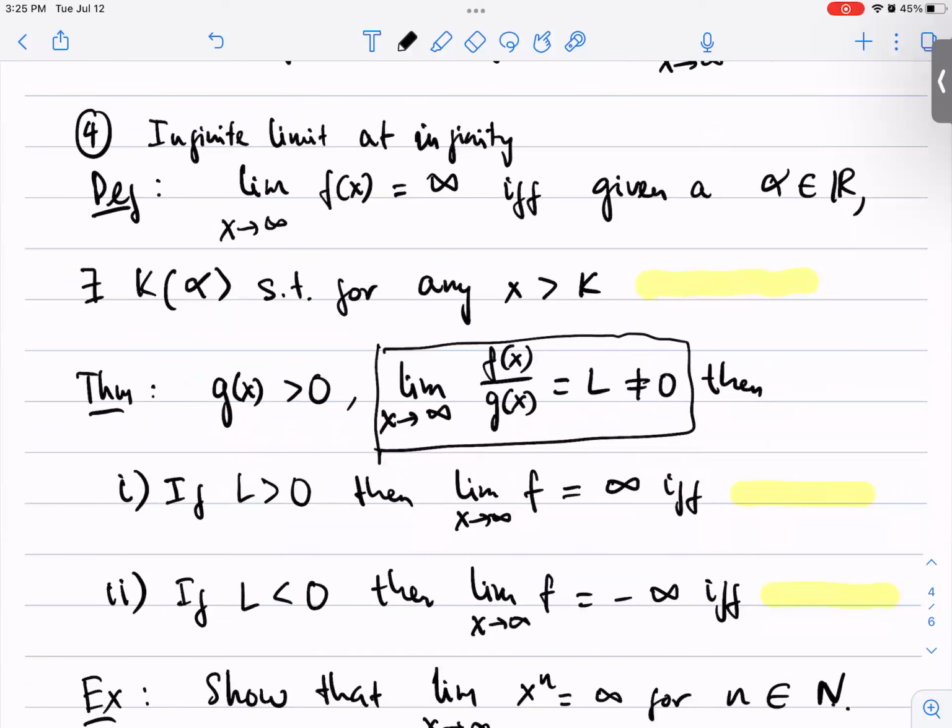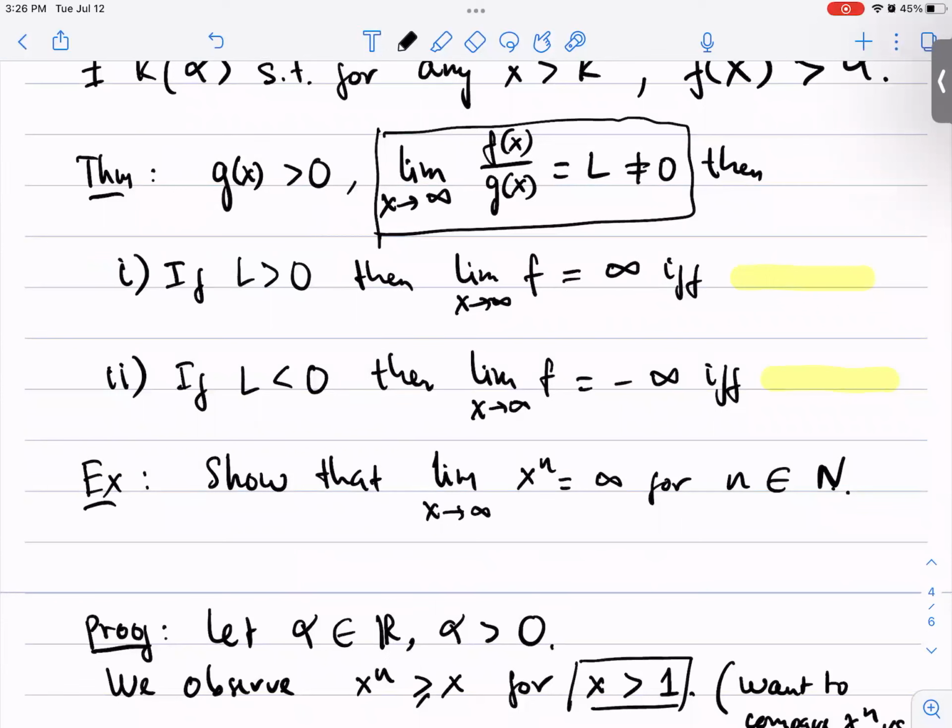The limit of the function f of x equal to infinity when x approaches infinity means that, given any very big number alpha in the set of real numbers, there exists k depending on alpha such that for any x greater than k, f(x) is bigger than alpha.